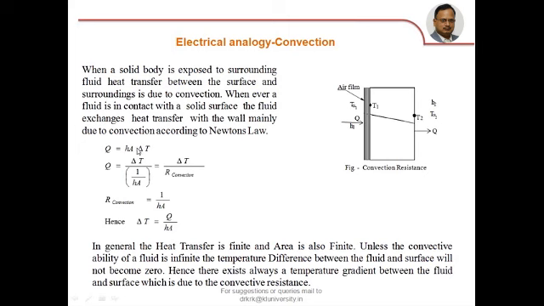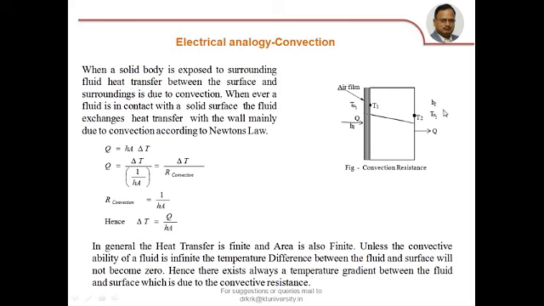Therefore, always there exists some amount of temperature difference between the surface and surrounding fluid. Similarly, the other side also. If the temperature of the surface is T2 and surrounding fluid temperature is T alpha 2, T2 and T alpha 2 will never be equal. There always exists some temperature difference between surface and surrounding fluid, unless the value of H tends to infinity.